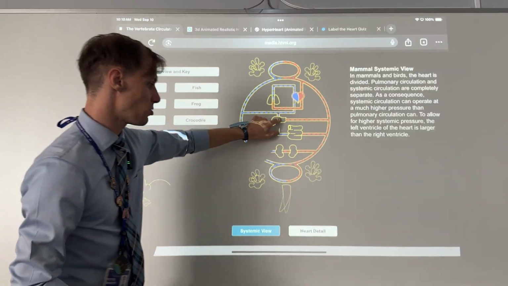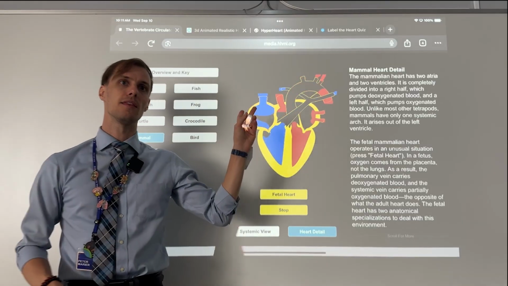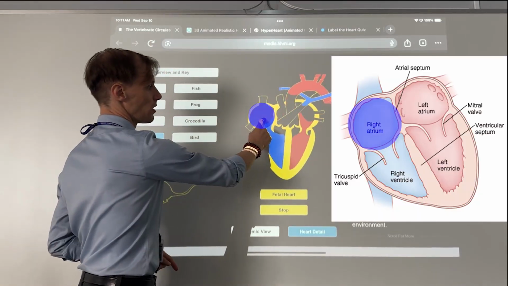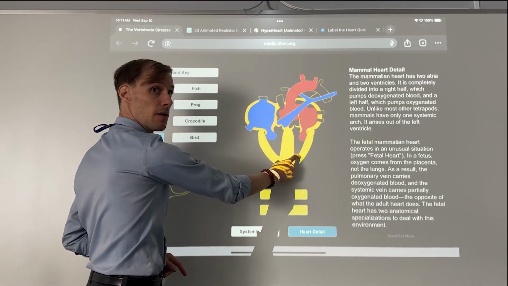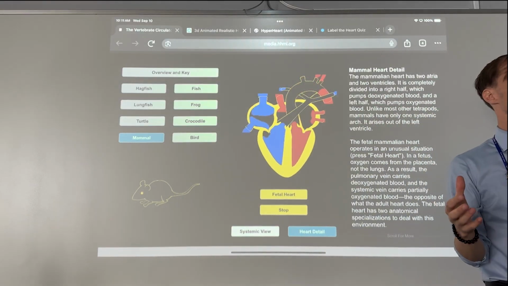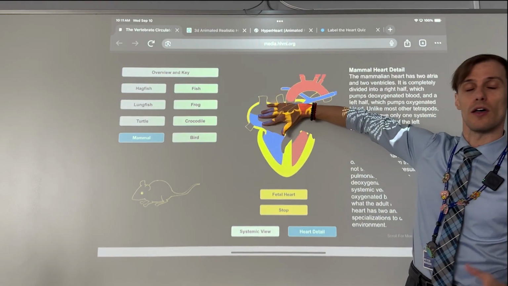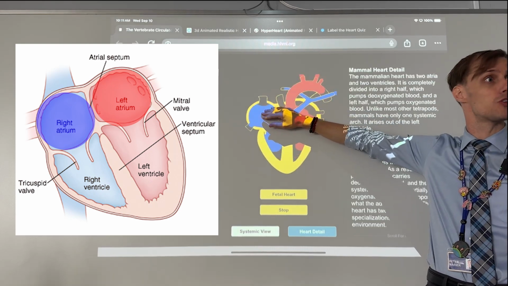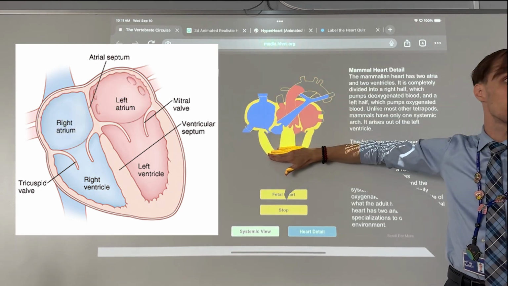So let's zoom into the heart here. Notice that in the mammalian heart, there are actually 4 chambers: 1, 2, 3, 4. We're going to use the same naming conventions that we did with fish. The chambers at the top are called atria, or 1 atrium, 2 atria, and the bottom ones are the ventricles.